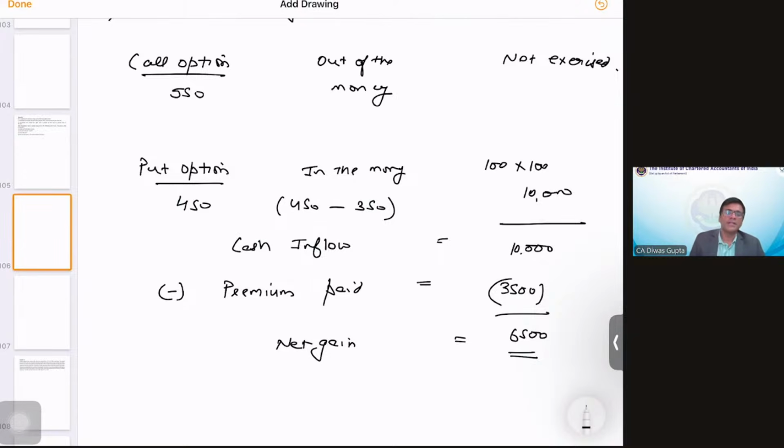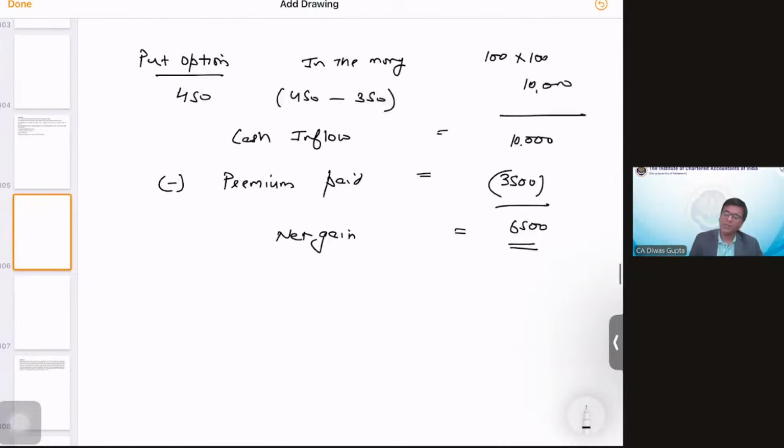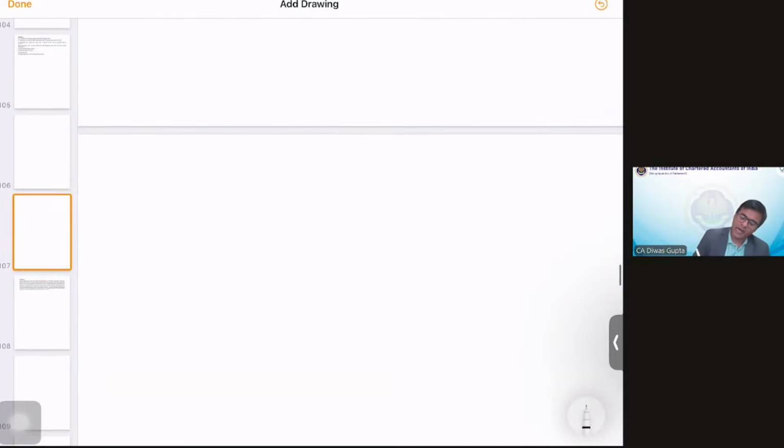Correct? So this is the second part where the at-maturity value becomes 350. Now the third part, where the at-maturity value becomes 600, students.